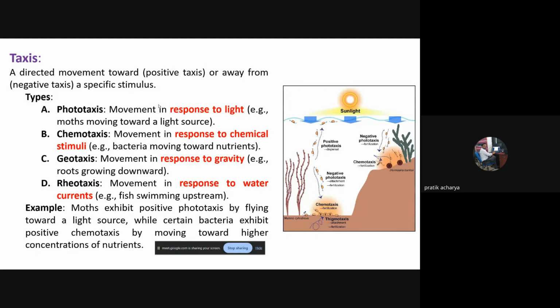That means they are moving in response to gravity. Gravity is the causative agent for the movement of these roots. And rheotaxis is the movement in response to water current. Fish swimming upstream is movement due to water current. That defines rheotaxis. So these are the different taxis and kinesis we have discussed.